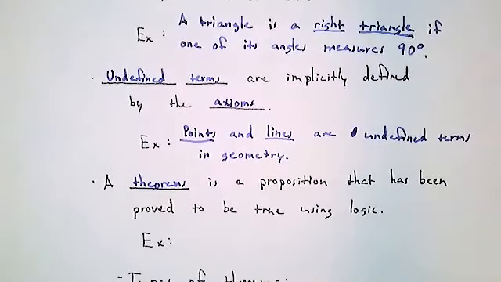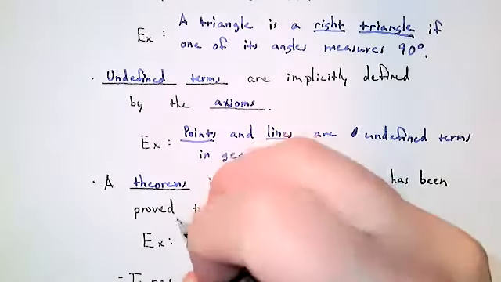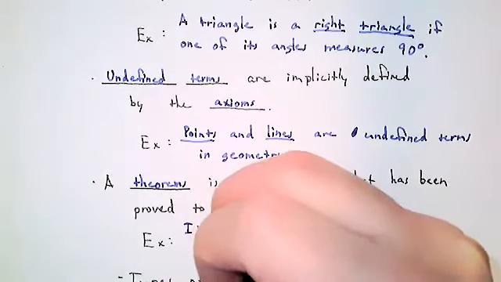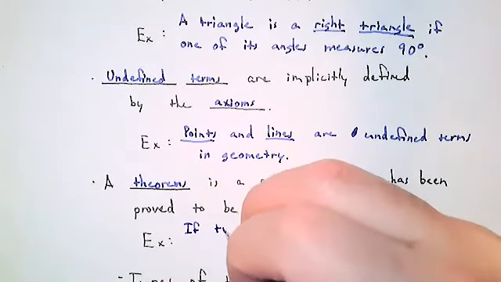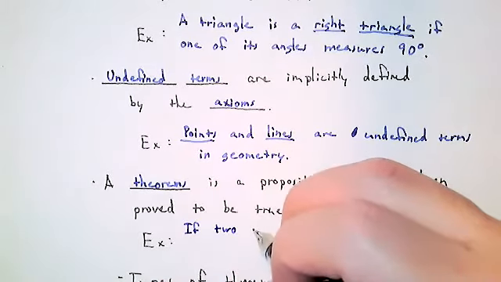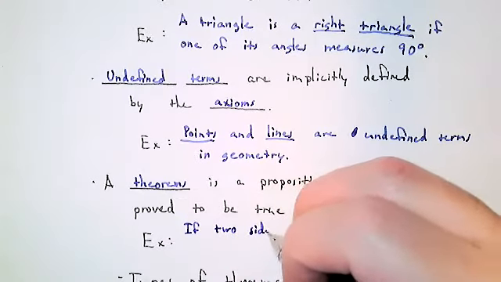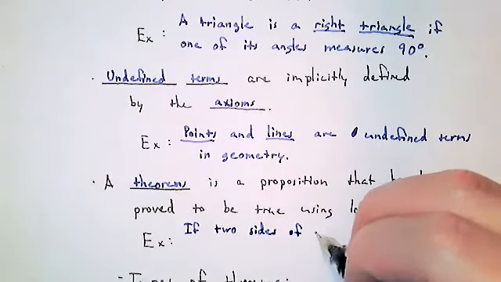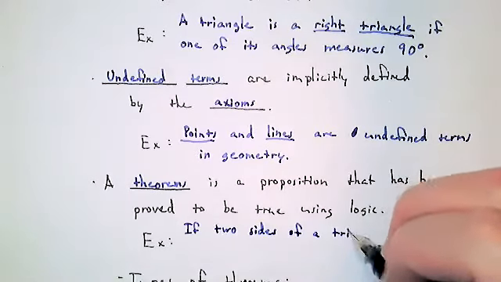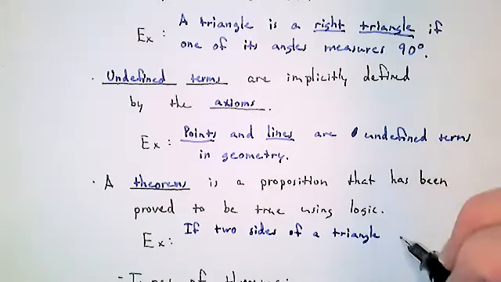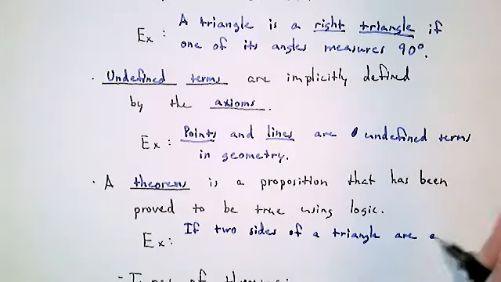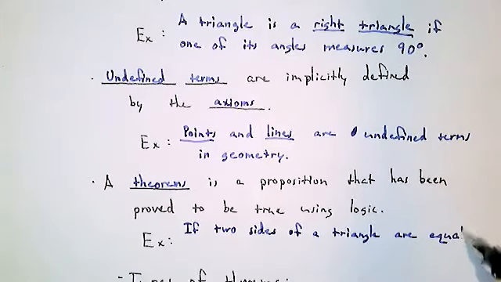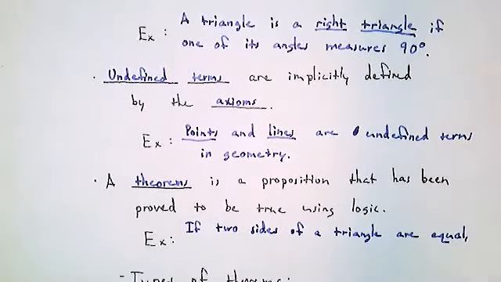So an example from geometry of a theorem is this one. If two sides of a triangle are equal, then the angles opposite the sides are also equal.